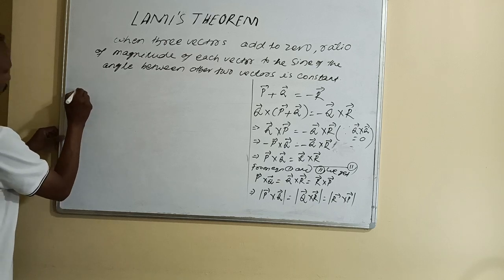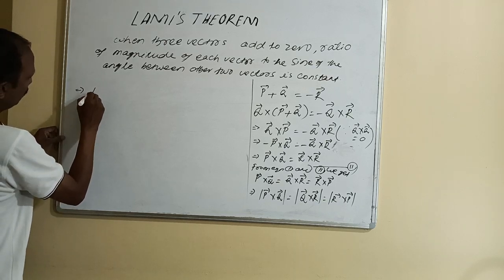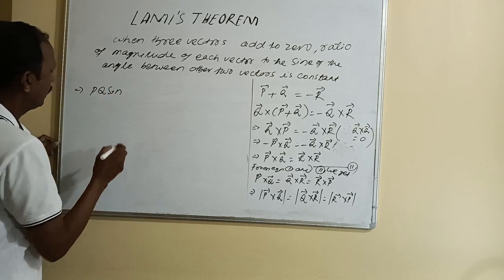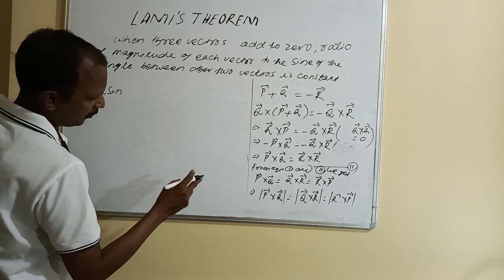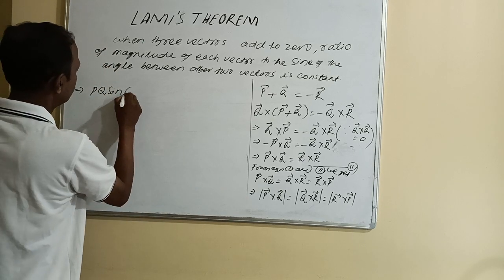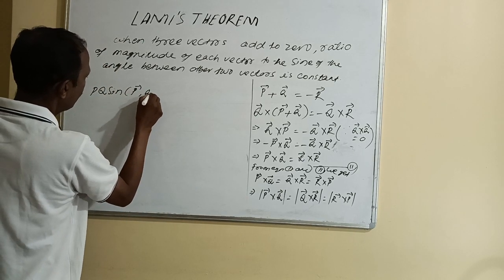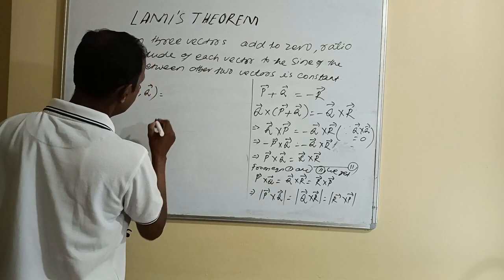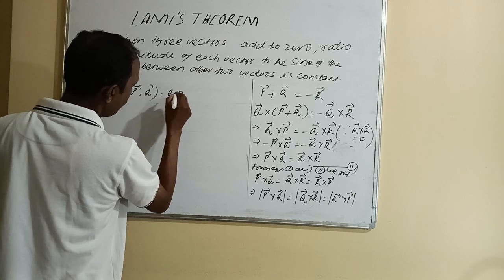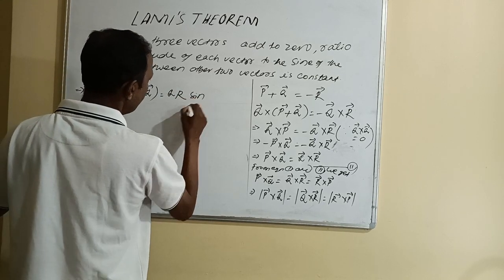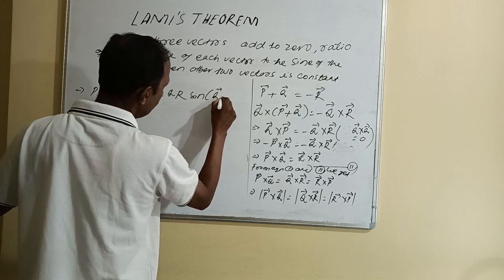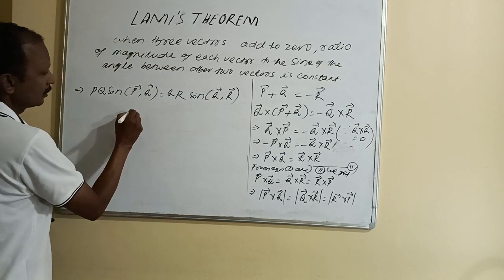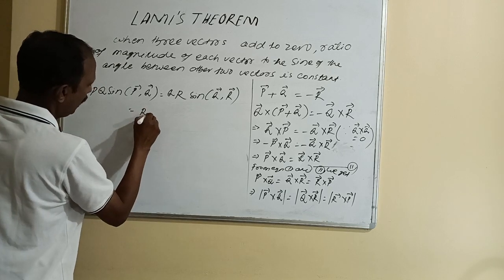So now I can write that this is PQ sine of the angle between vector P and vector Q. This is equal to QR sine of the angle between vector Q and R. This is equal to RP.